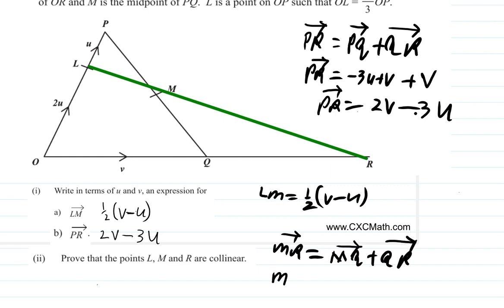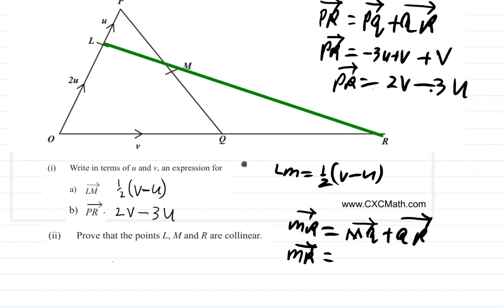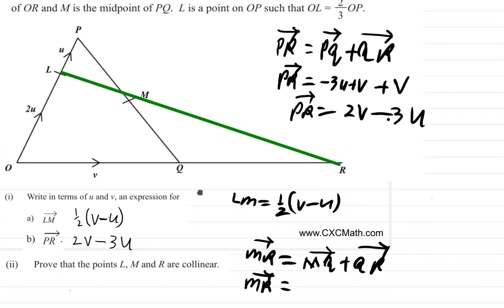Now, MQ, going from M to Q. MQ is half PQ. But we lost that in the previous work, so we're going to have to figure it out again. Right? If we didn't erase it, we would still have it.